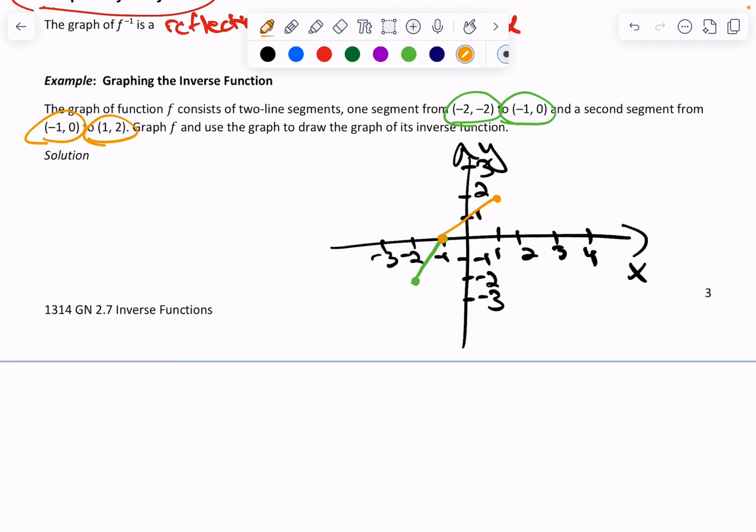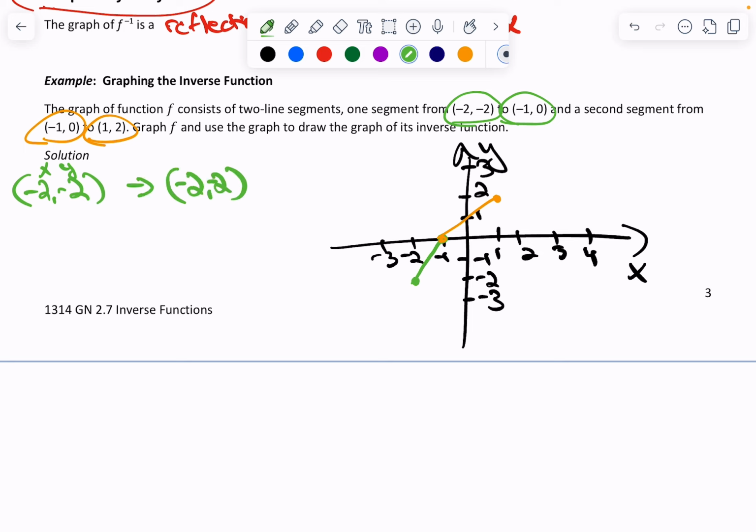Now we're going to use the graph to graph the inverse function. So what we're going to do is flip the points. Negative 2 and negative 2 does not change, because remember we interchange x and y.